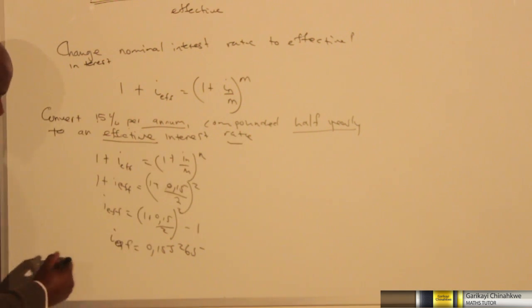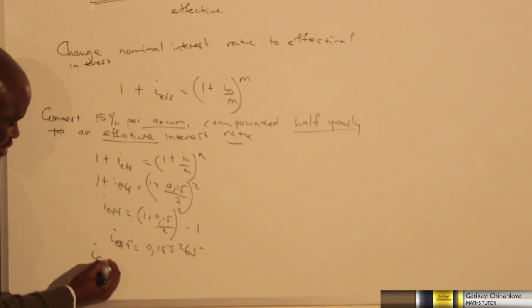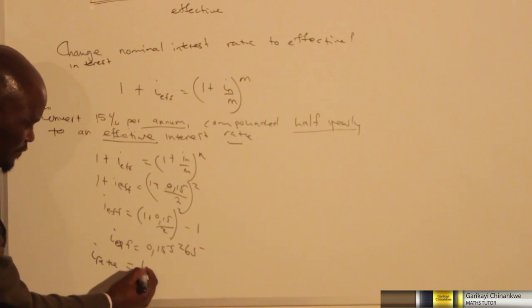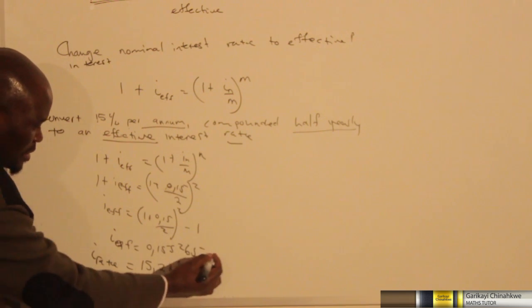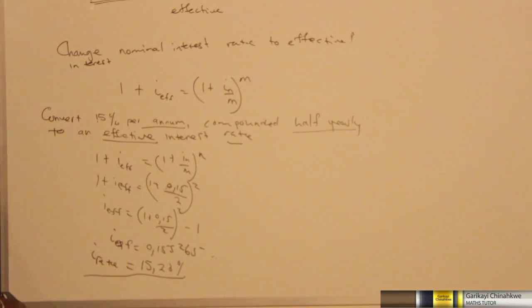This is not a rate, so to change it to a rate you multiply by 100 and get 15.53%.